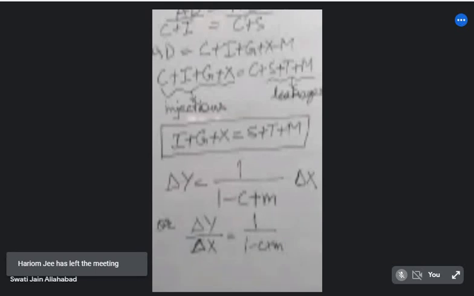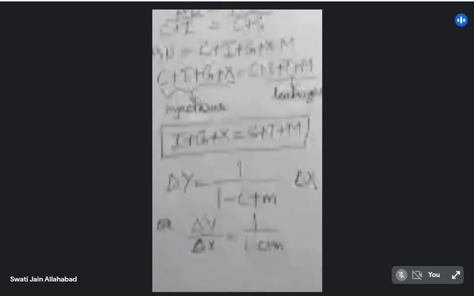But yes, to keep the thing simple, we are assuming that export is exogenous, autonomous. If we believe that export depends on exchange rate, or on inflation in the country, then it can be made endogenous, but that is at a later stage of modeling.